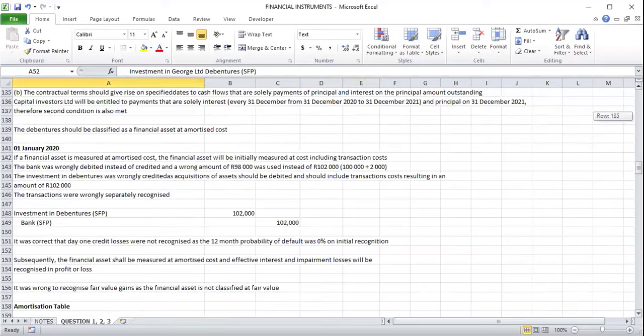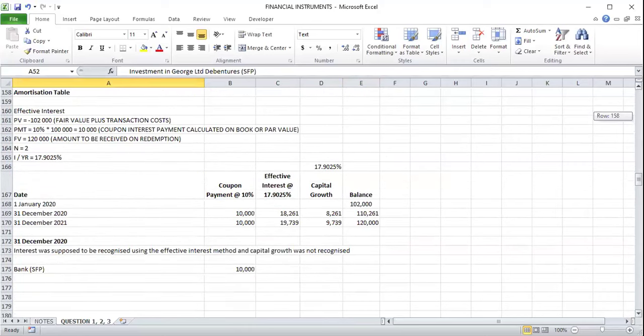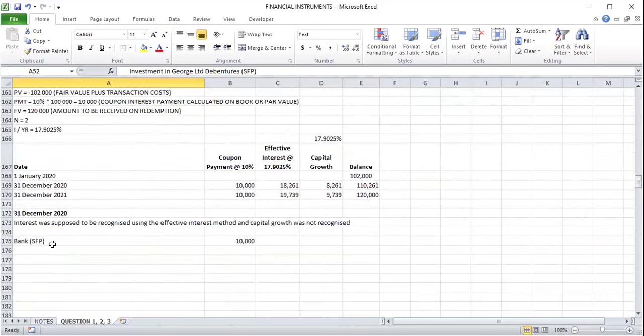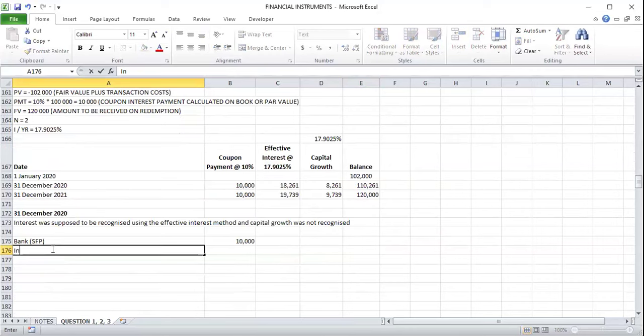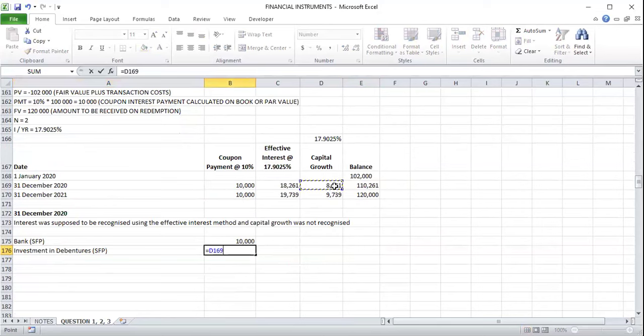But in this case, our PV is less than the FV, so there's capital growth. Our investment will be growing, so we'll be debiting. When an asset increases, we debit it. So investment in debentures is debited, then we credit our finance income.